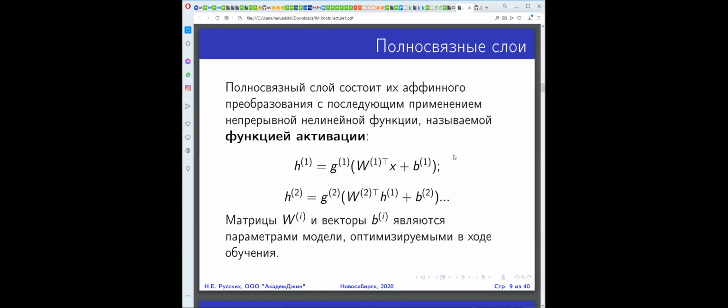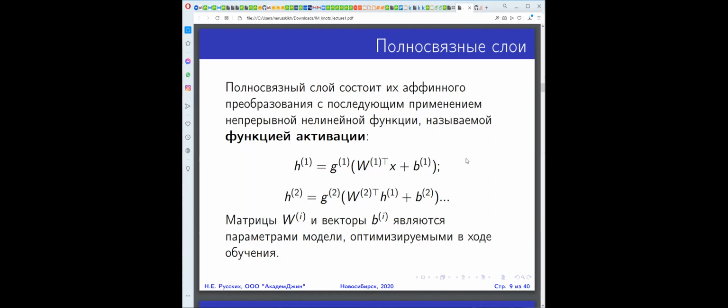So our data is numerical, and a fully connected layer is mathematically just a composition of an affine transformation followed by an element-wise application of some essentially non-linear function, which is called an activation function.